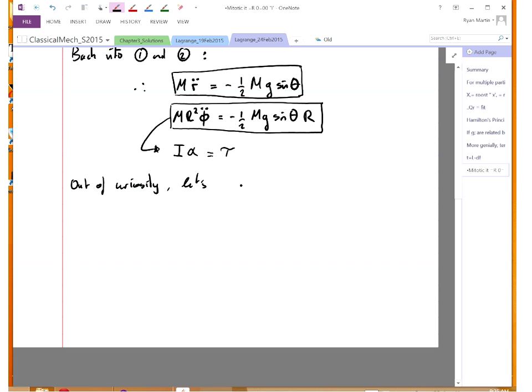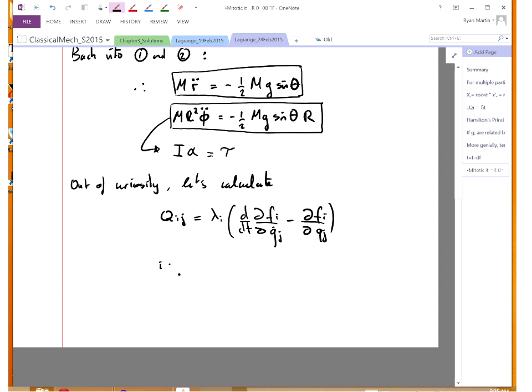So out of curiosity, let's calculate Q i j. And Q i j, remember, was defined to be lambda i times d by dt of partial f i by partial q j dot, minus partial f i by partial q j.